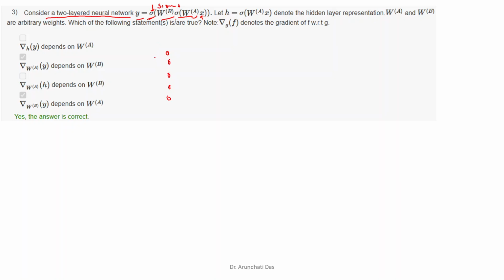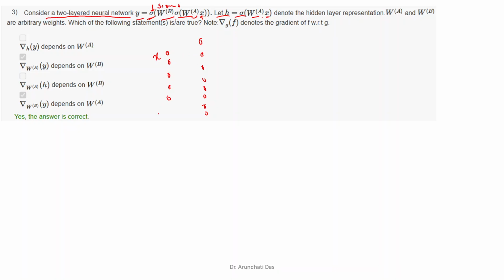So we have the x input layer, then we have something called the hidden layer. In the next sentence you can see h equal to sigma applied on the weight matrix W superscript A multiplied by x.